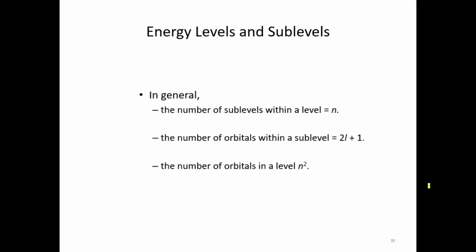Because you can have any value of l, you can have -l and +l, right? So that's 2 times l. But you also have 0, so you add 1 more. And here's another interesting one. If you want to know how many orbitals are in a level, you can just basically take the number of the level n and square it. So these are kind of little things that you can play with and you can test them out by yourself. So I'm not going to go deep into that.